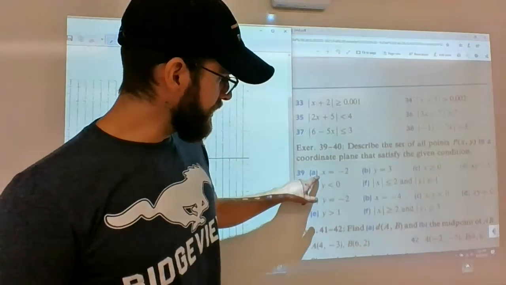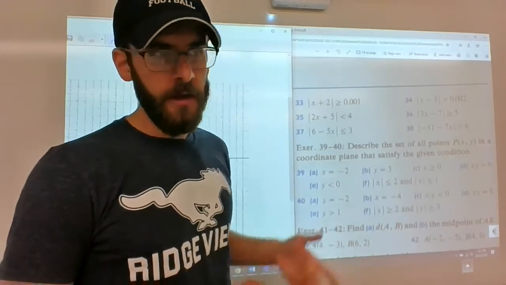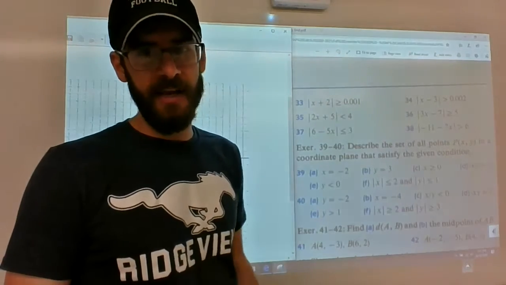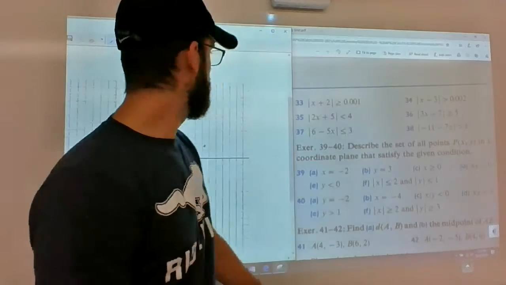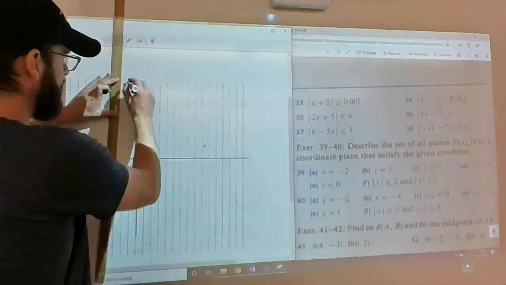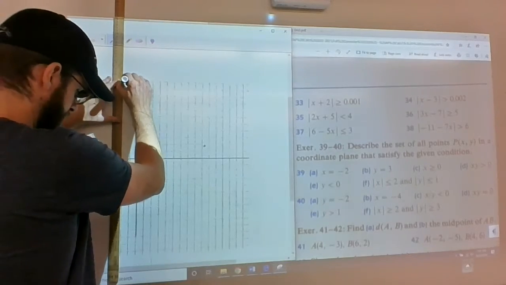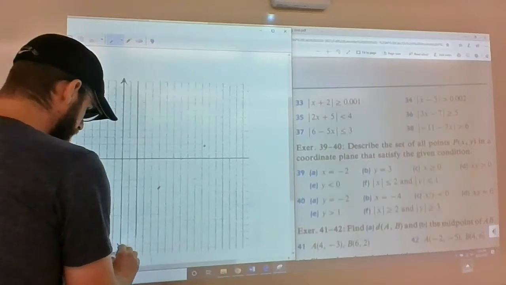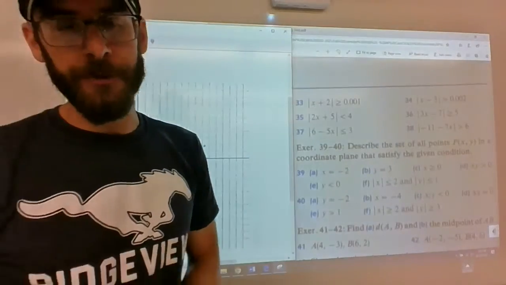So when they talk about something like x equals -2, if your knowledge of linear equations is pretty solid, you recognize that as the special case of y equals mx plus b. It's actually a vertical line at x equals -2.